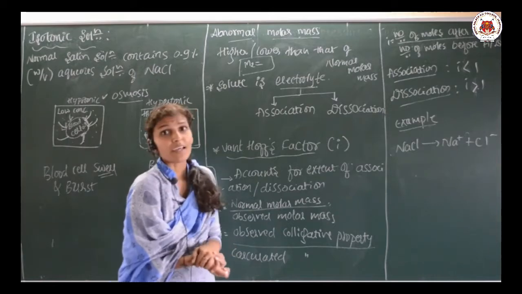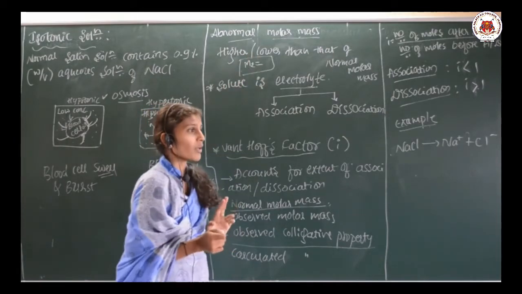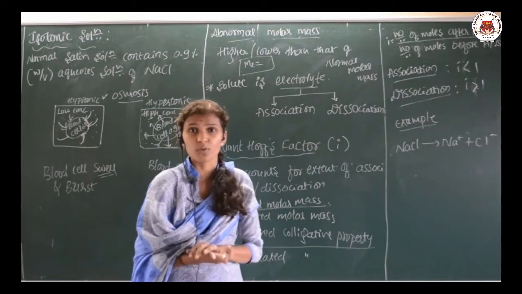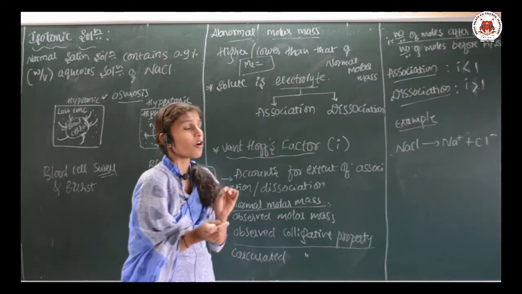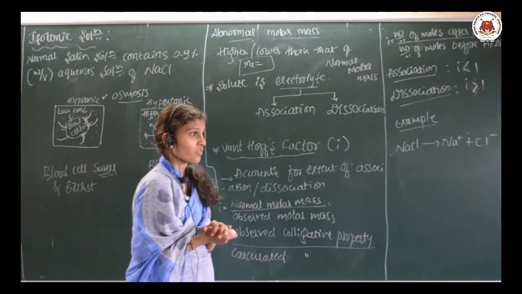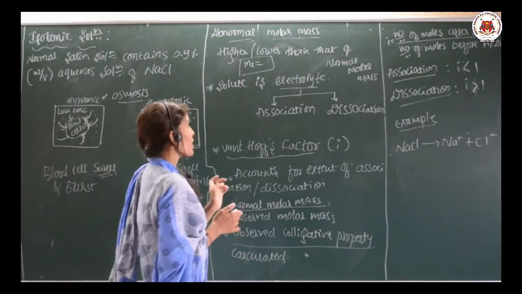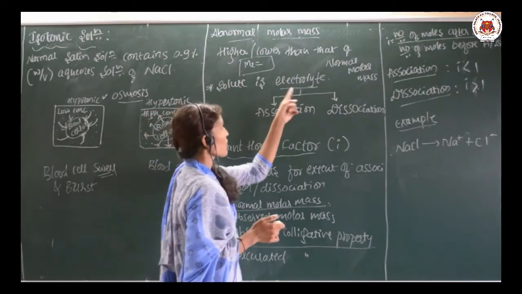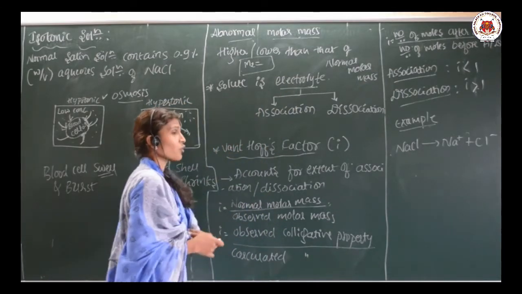Then when the abnormal occurs, see here, whatever derivation we solved, those are for the dilute solution and there we are using a non-electrolyte solute. Suppose instead of a non-electrolyte solute, the solute is an electrolyte.